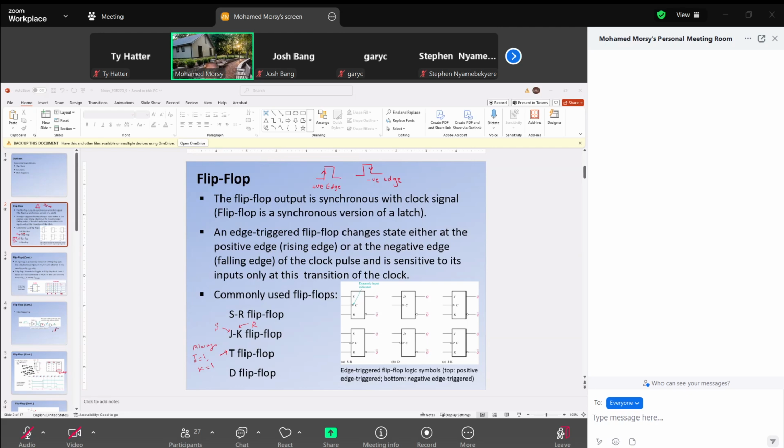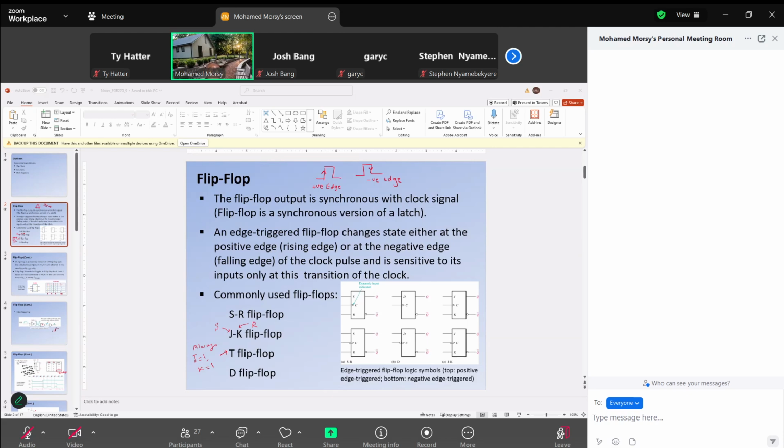In our example, we saw the output Q is 0 and Q inverted is 0, which never happens. If Q is 1, Q inverted must be 0. If Q is 0, Q inverted must be 1. But we saw something strange. Both of them are 0, which means we don't know the output and this is not valid.